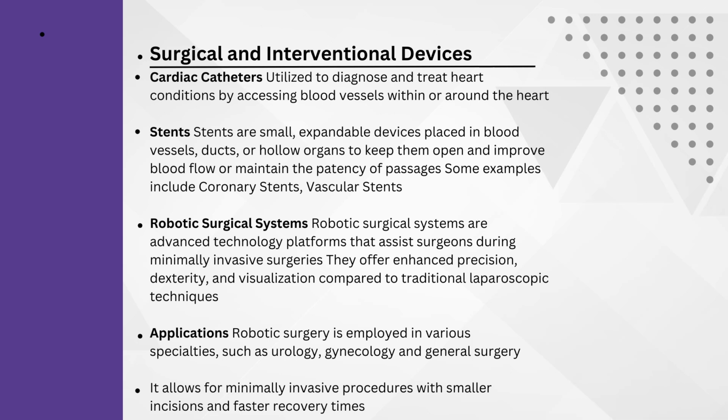A robotic system consists of a surgeon console with hand and foot controls and robotic arms equipped with surgical instruments. The surgeon controls these instruments from the console, translating their movements into precise actions inside the patient's body.